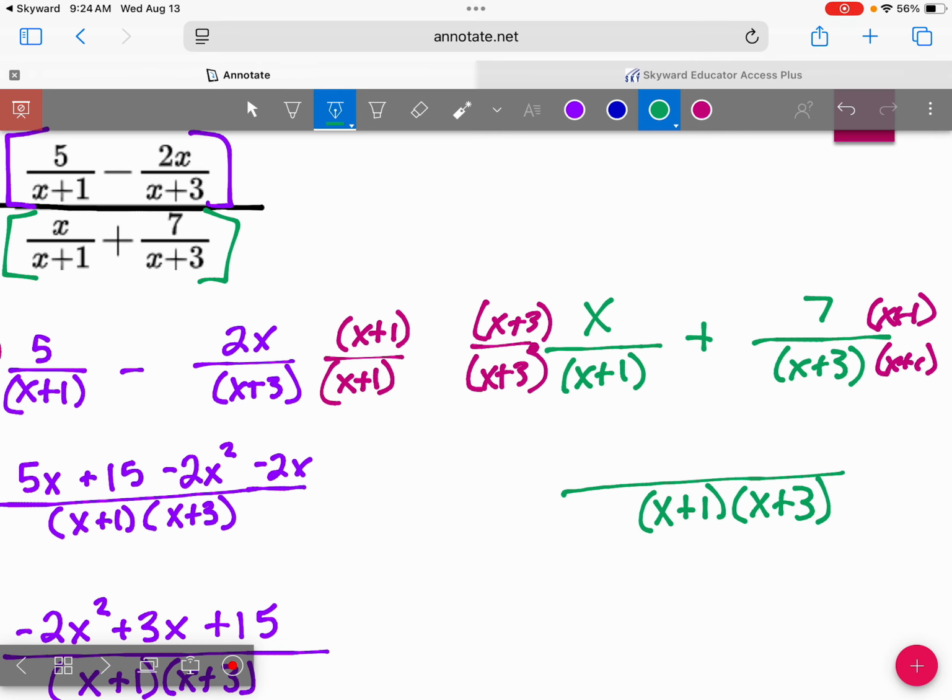And our numerator, we're going to have our x times x, which is x squared, x times 3, which is a 3x, 7 times x, we get 7x, and 7 times positive 1, couldn't tell if that was a plus or minus, is 7, not 1. My handwriting's beautiful sometimes.